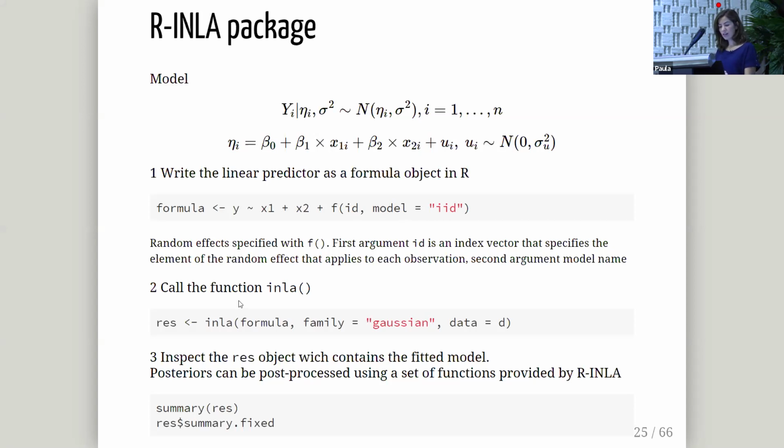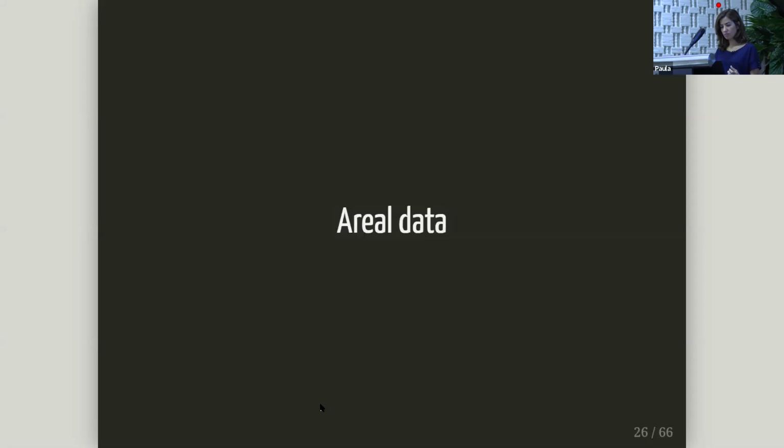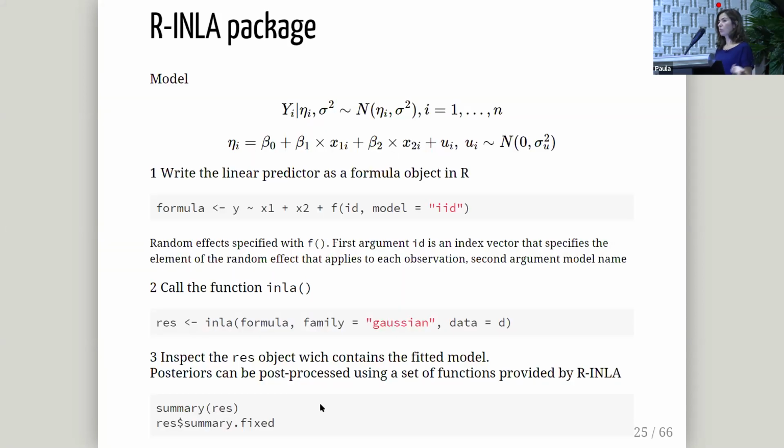Then you call R-INLA by providing the formula, the family of the observations, and the data. And then once you have the results, you can see a summary, or you can post-process the results. Okay, we will see an example later. Do you have any questions?